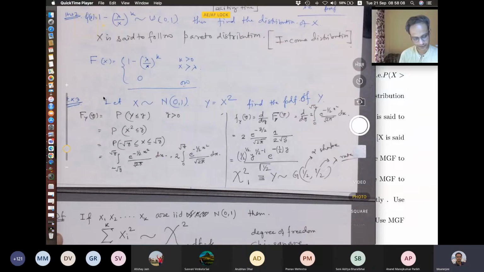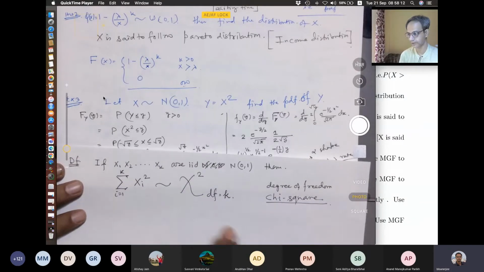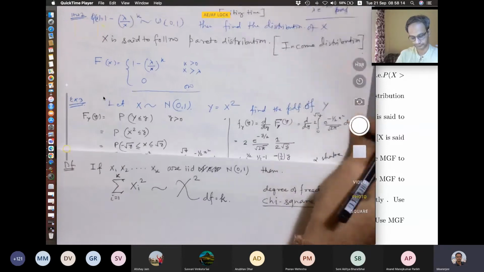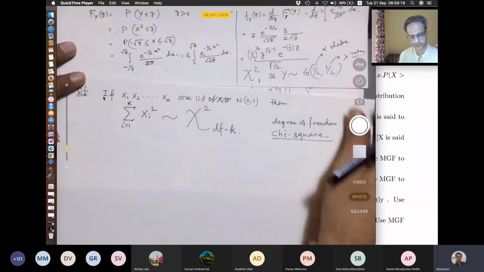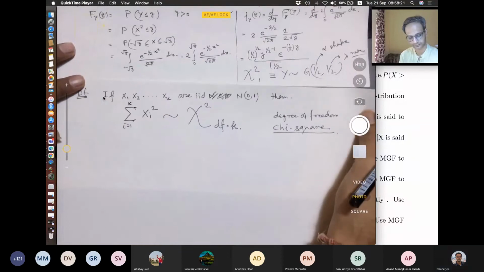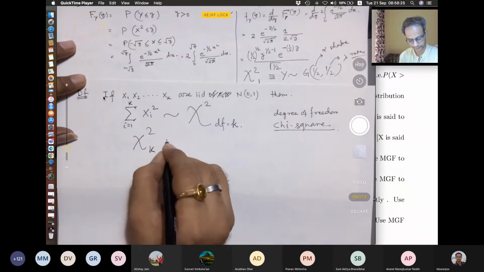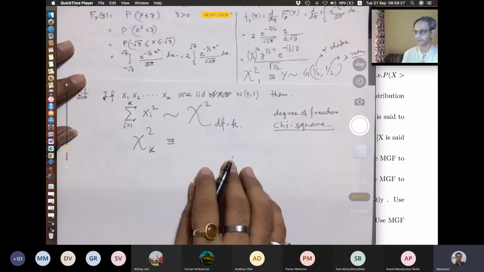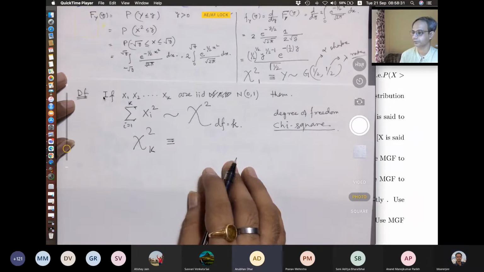Okay. Now, can you tell me what will be the gamma equivalent of it? Gamma equivalent expression of chi-square k? Gamma k by 2 comma half.